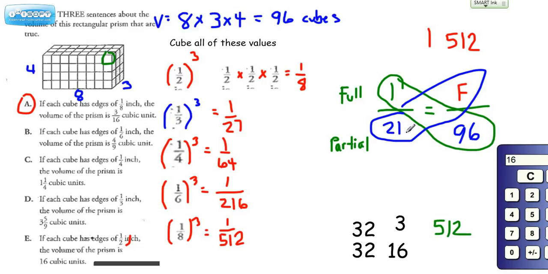And you're going to solve it the same way. We're going to do 1 times 96 is 96, and 216f. We're going to divide by 216, because that's the coefficient. And this will cancel out, and we're going to bring down the f.